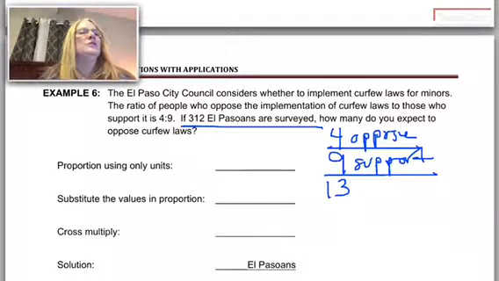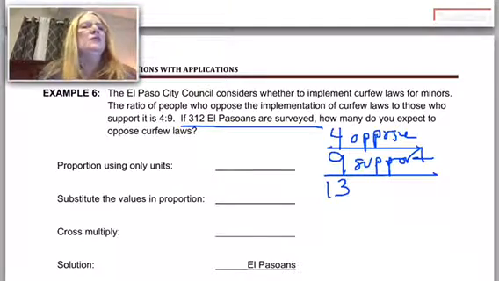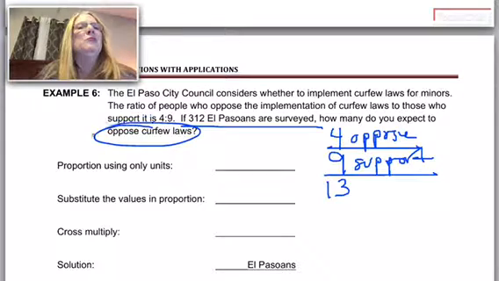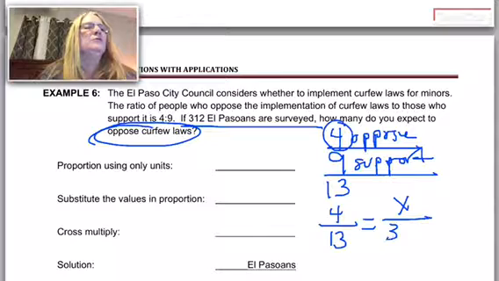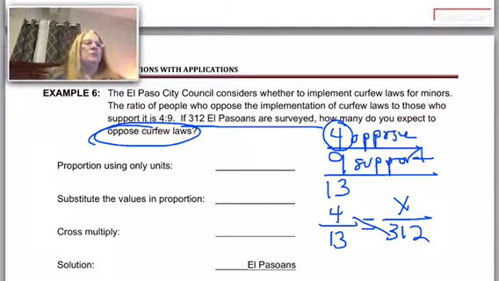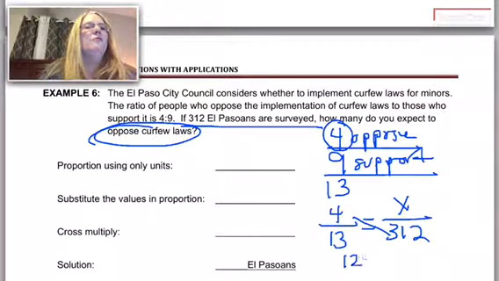So now when you go to set up your proportion, we can use how many do you expect to oppose. So we want to know how many oppose. So we're going to take the 4 over a total of 13 is equal to x over a total of 312. Then you're going to cross multiply, and you get 312 times 4 is 1248 is equal to 13x.